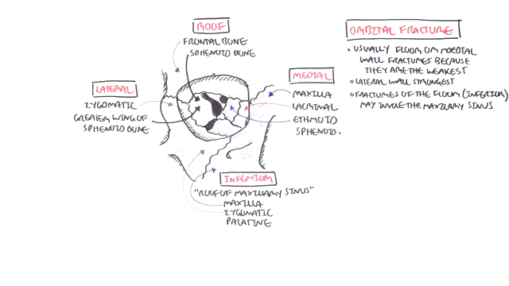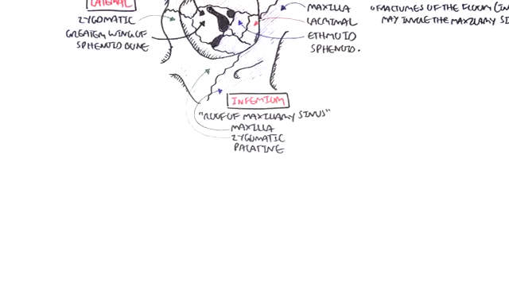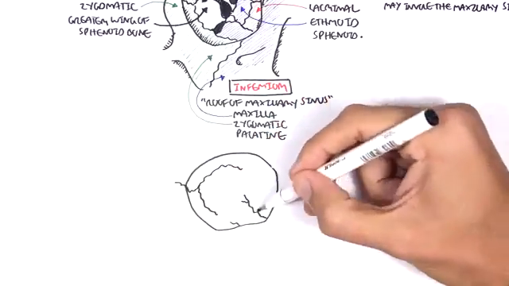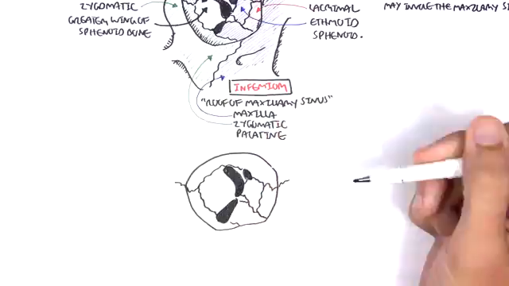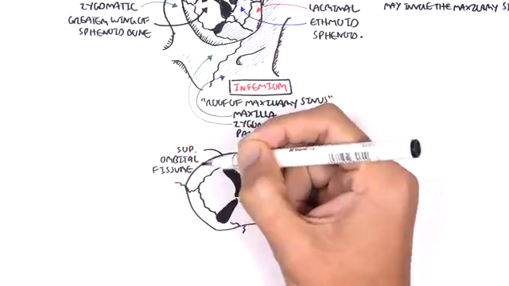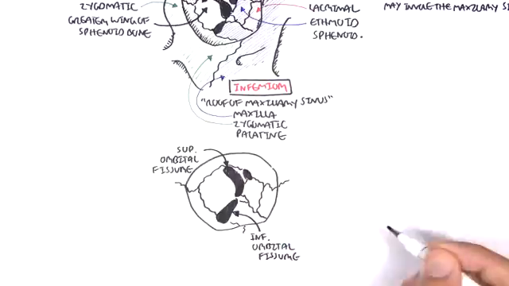Okay, now let's zoom into the stuff inside the orbit here. And there are some important holes. Now, we learned about the bones around the area. Well, there are three important holes here: the superior orbital fissure, the inferior orbital fissure, and the optic foramen.